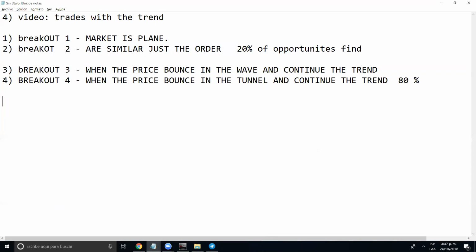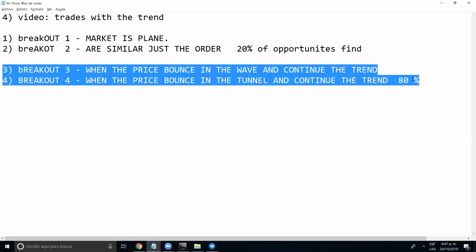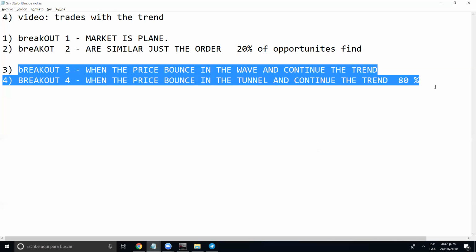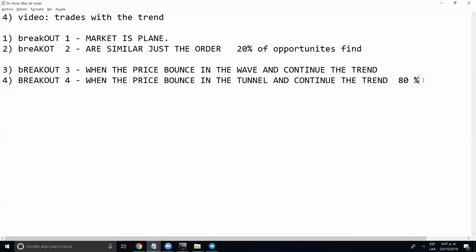So I prefer to focus on the 80% where the biggest opportunities are, rather than the 20. They are very easy to find, and you are going to find lots of opportunities to trade them. We are going for the highest probability and the highest opportunity, so we're going to work more on breakout 3 and breakout 4.